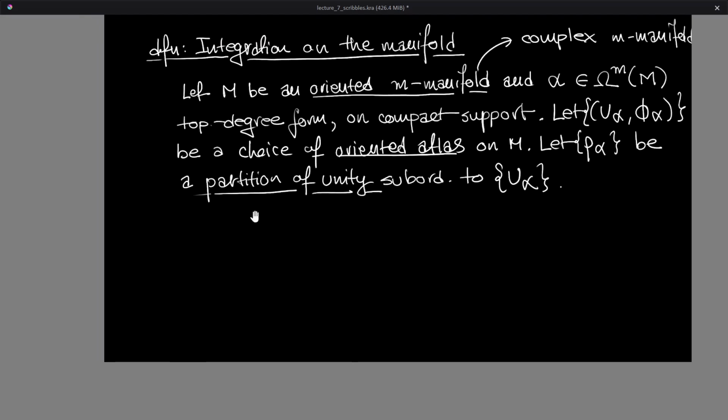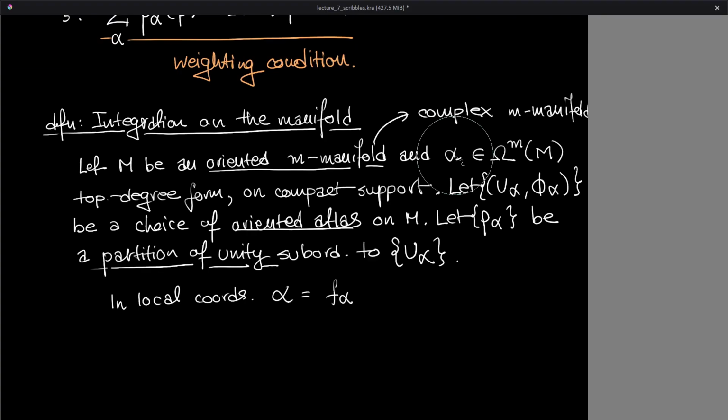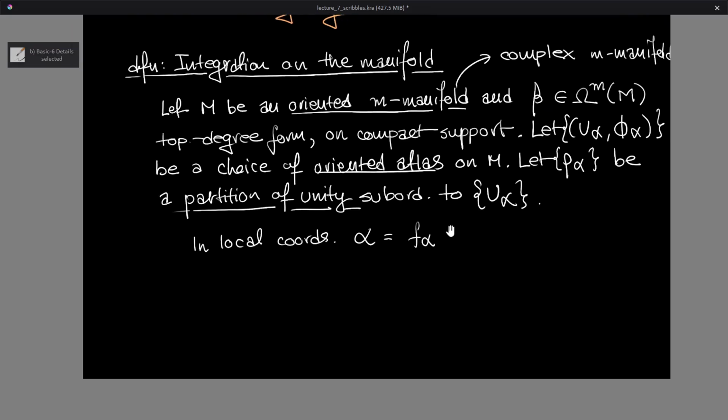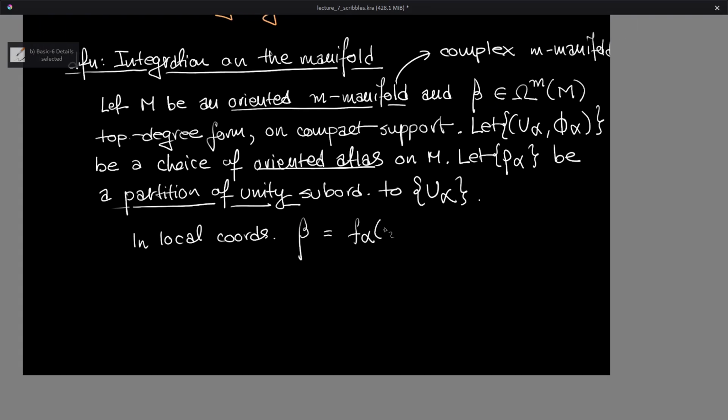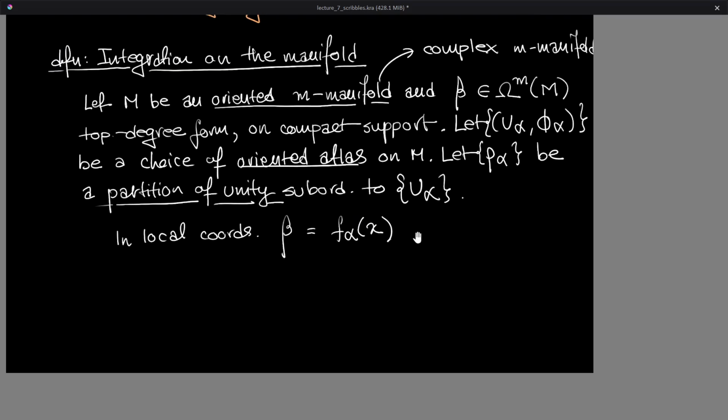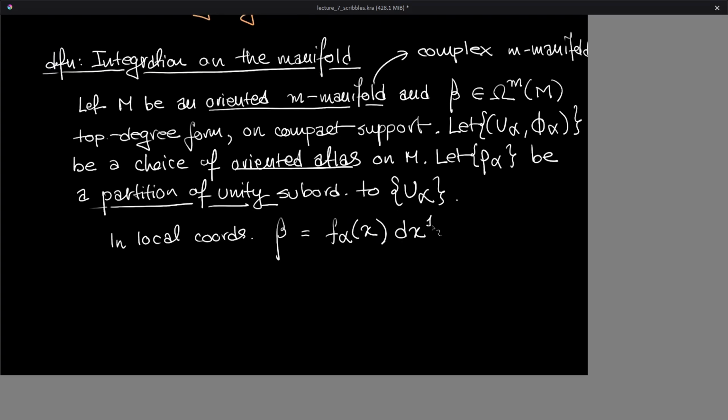So then in local coordinates, alpha is equal to f, yeah, we shouldn't call it alpha because we already have an index alpha. Let me rewrite that. So that's beta. That should fix everything. So beta is equal to f alpha of x dx1 wedge dot dot dot wedge dx m.